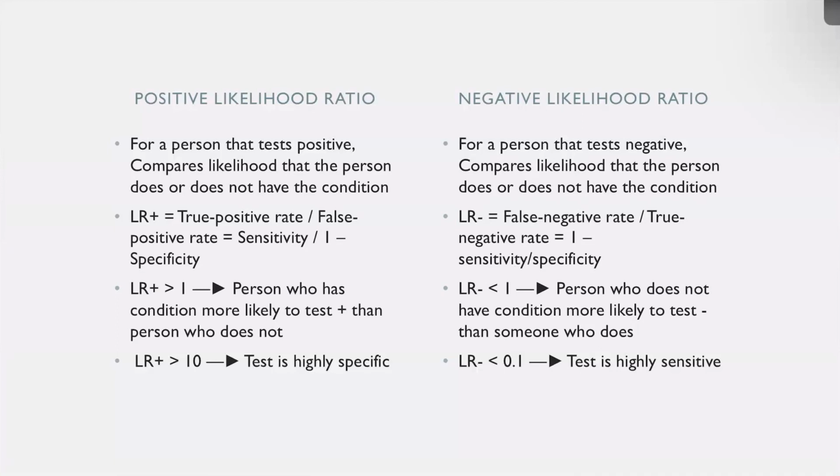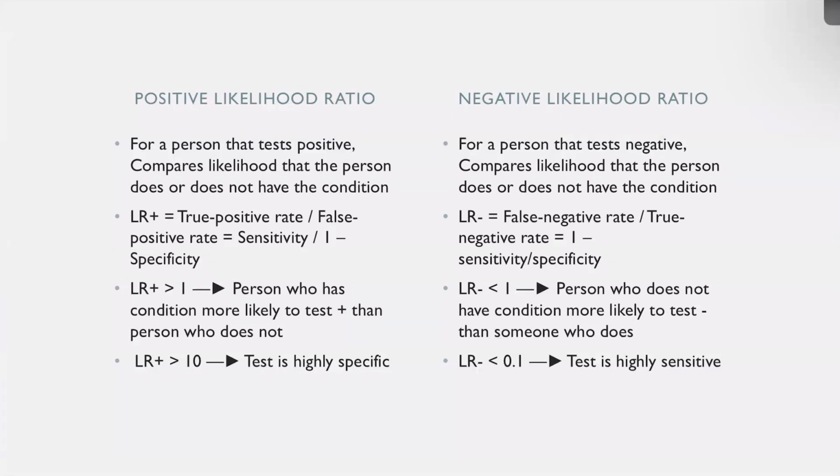So what is the purpose of positive likelihood and negative likelihood ratio? If the value is really high for positive likelihood ratio, the person who has the condition is more likely to test positive than the person who does not. So if the LR plus is more than 10, you can conclude that the test is highly specific. But in negative likelihood ratio, if the value is less than 1, the person who does not have the condition is more likely to test negative than someone who does.